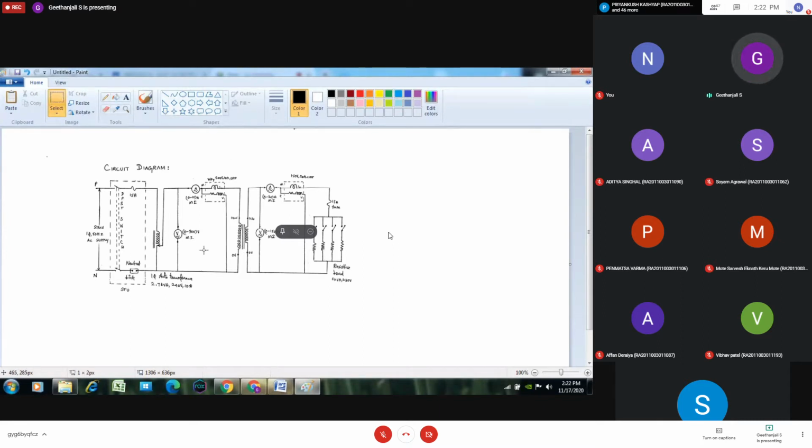Then, directly we should not give the 230 volts to the primary winding. It may produce some problem; it may damage the winding. So we are gradually giving the 230 volts to the primary winding of the transformer.